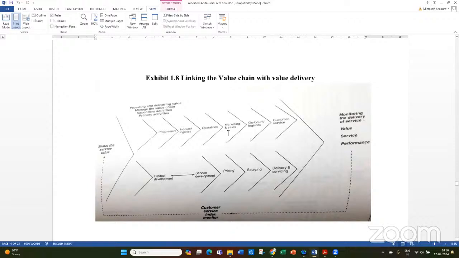So, yeah, same thing that you are doing logistics, operations, marketing, one logistics customer. Combined with the values chain, value delivery, route and service. So both you are combining, so which is going to be mapping work. And procurement and inbound logistics, operations, marketing, then inbound logistics, then customer service.